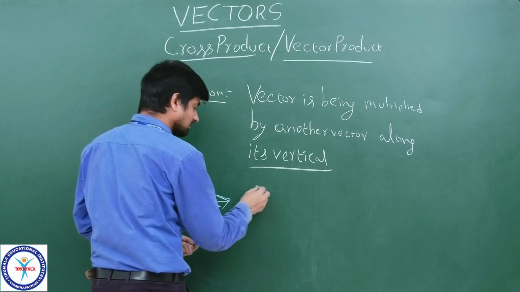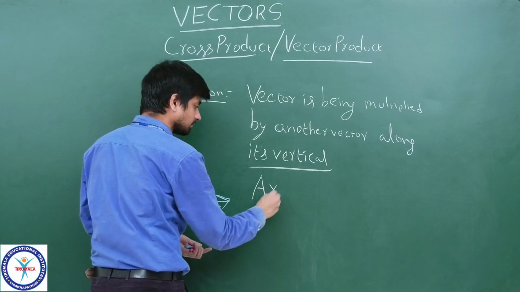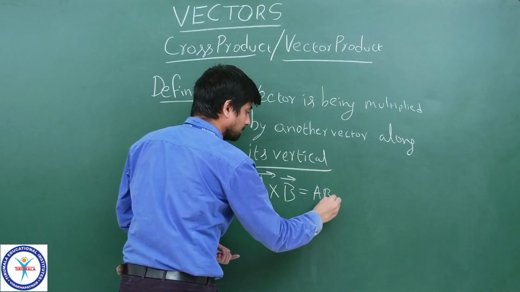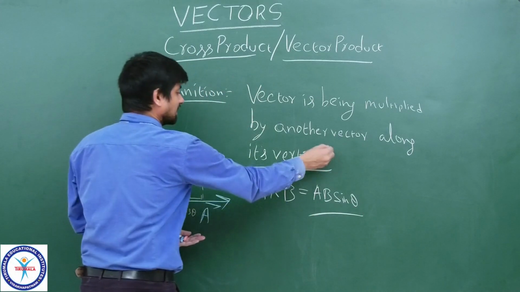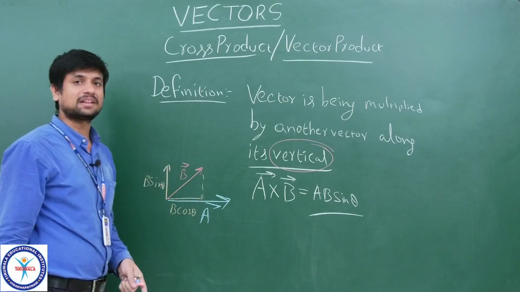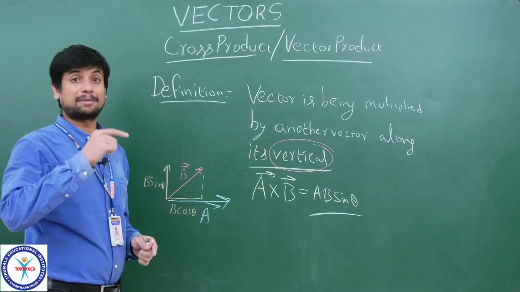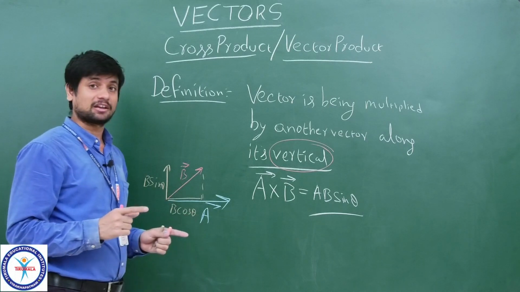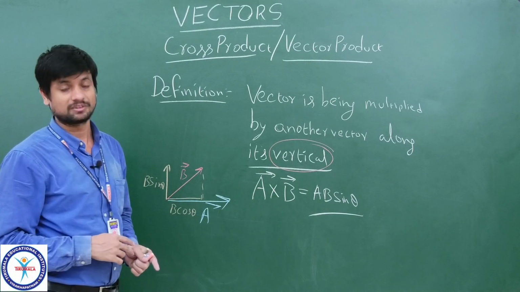Now if you write the multiplication of the vectors A and B, A bar cross B bar equals A B sin theta. We are taking its vertical component to check whether they are perpendicular or not. Here people are checking perpendicularity. In the dot product we have checked parallelism. Here, perpendicularity. If those are more perpendicular, the impact will be more.